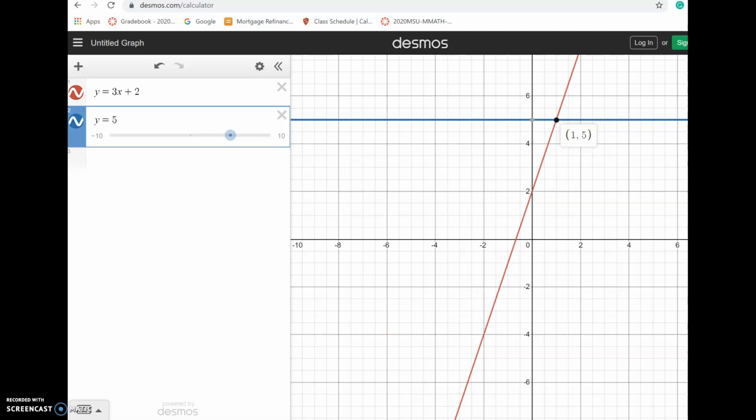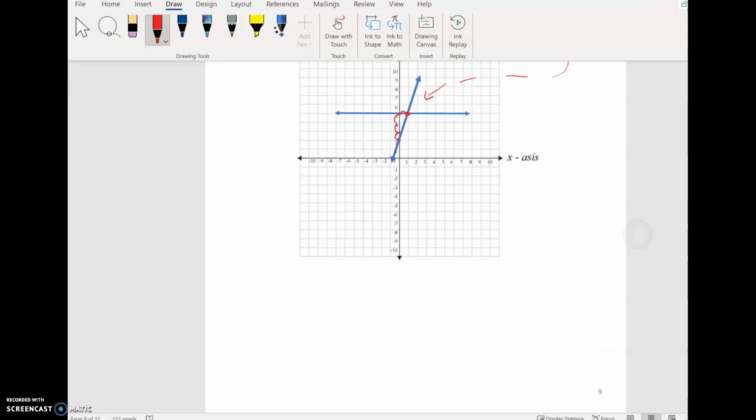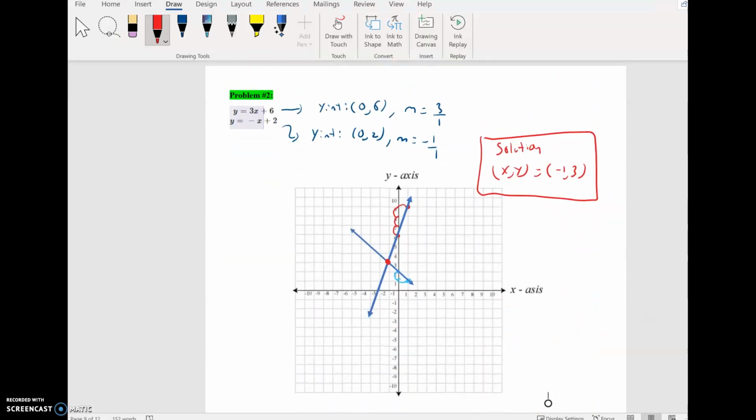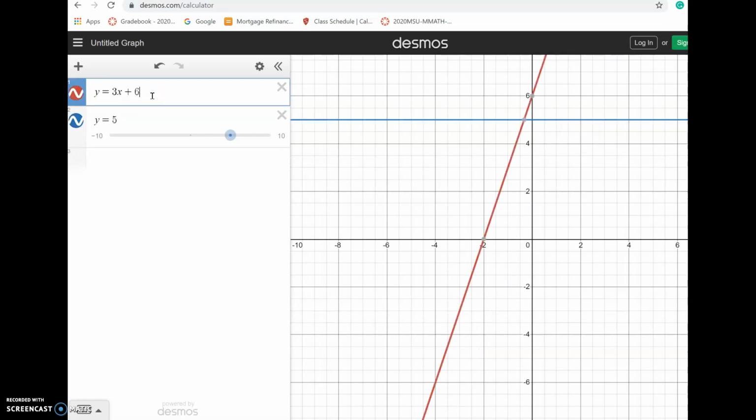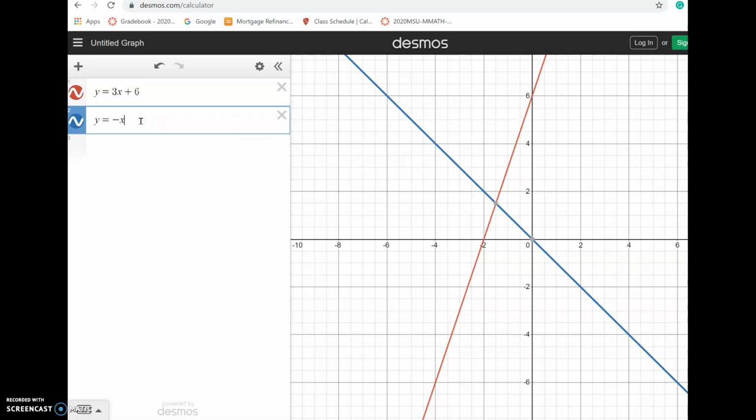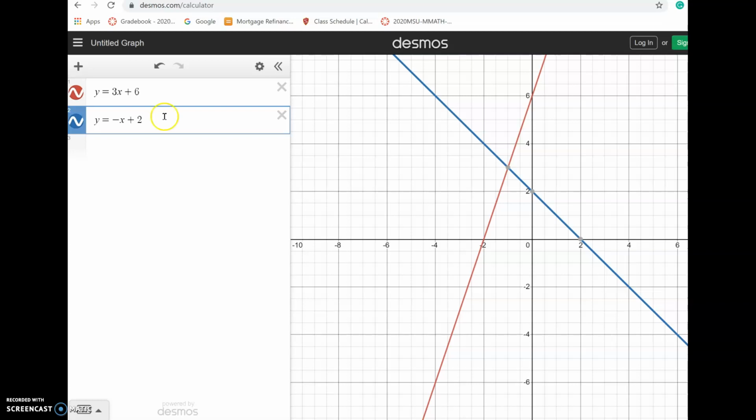The second one, let's take a look at Desmos. It looks a little bit off on the sketch, but I think it's just the angle that I was using. Our second system was y equals 3x plus 6, and the second equation, y equals -x plus 2.